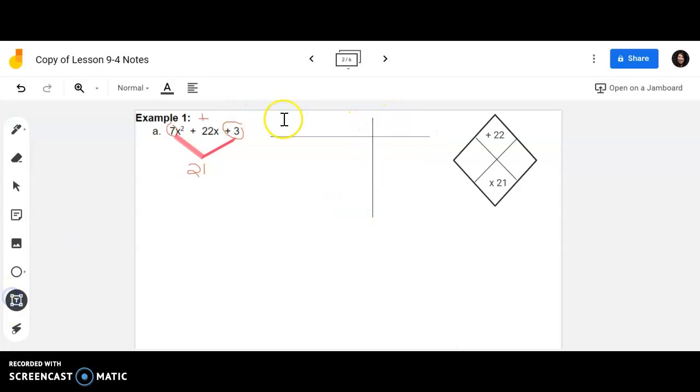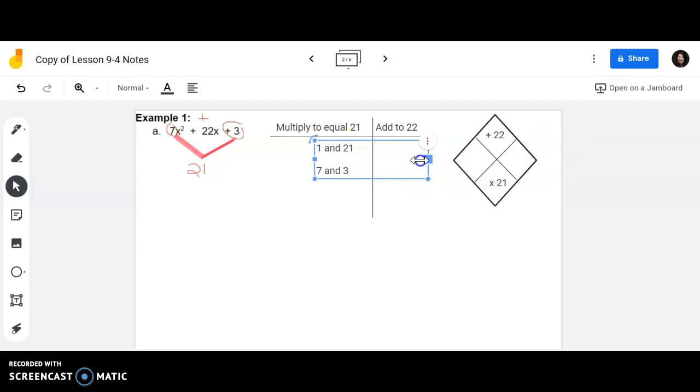So if we think of all the numbers that multiply to 21: 1 and 21, and 7 and 3.